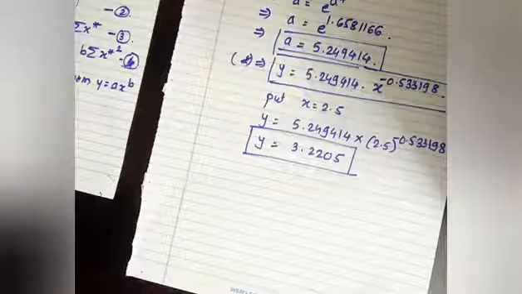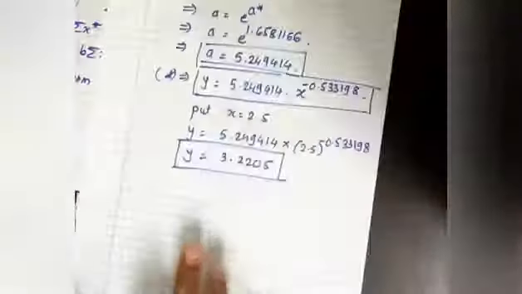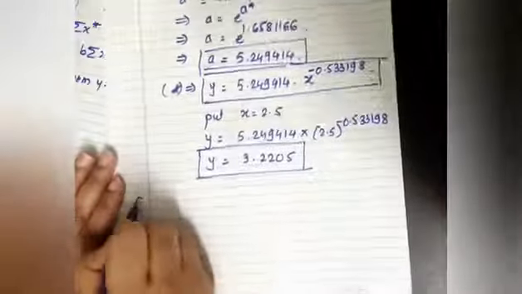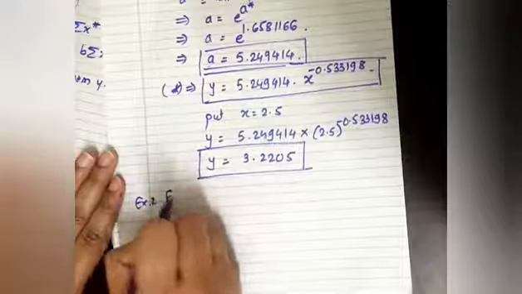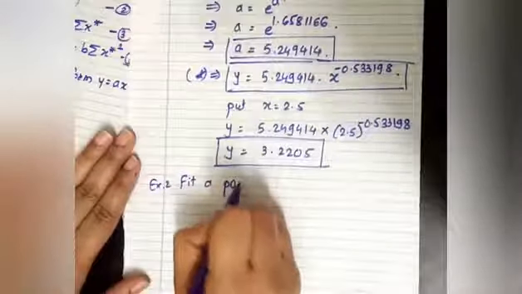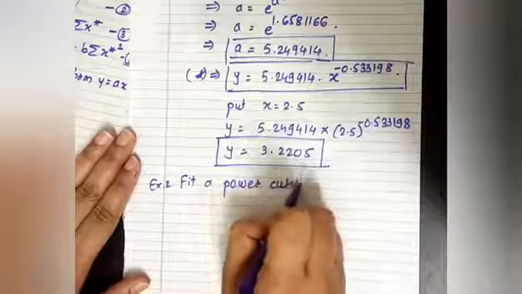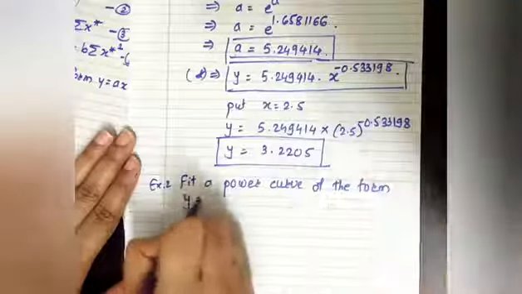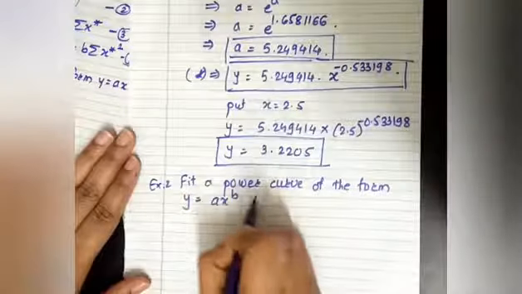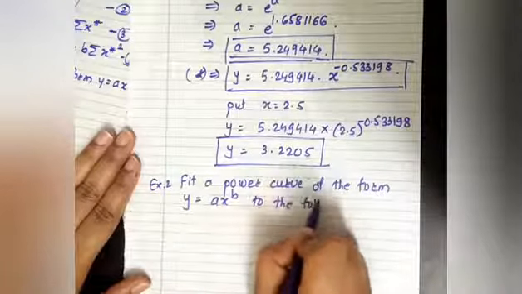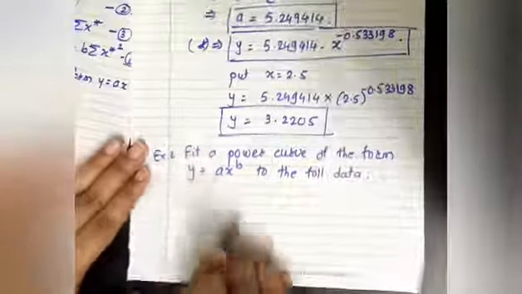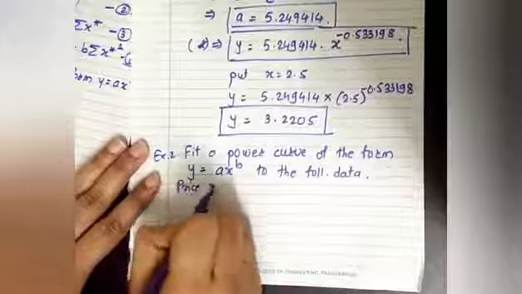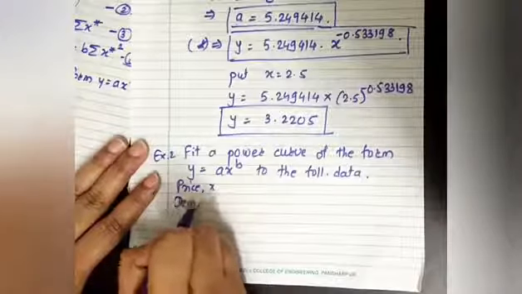Okay, we'll take one more example. Example number 2. Fit a power curve of the form y is equal to a into x raised to b to the following data, and data is given to you as price x and demand y.